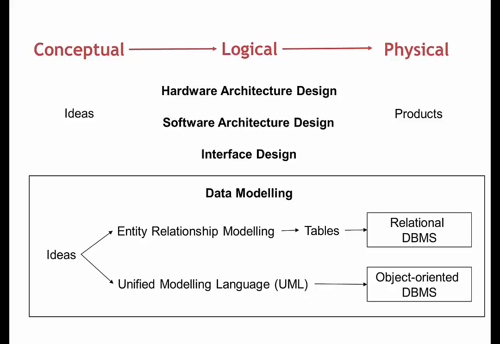We have to build our system. So we need a hardware architecture. And architecture is just the components and how they fit together to make our system. So we need a hardware design. We need software design that runs on that hardware. We need an interface design that allows the user to interact with the system.